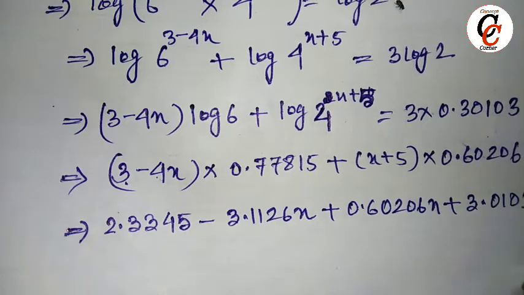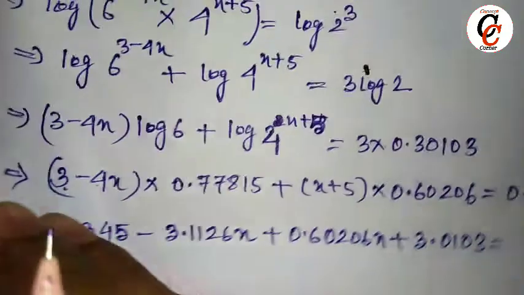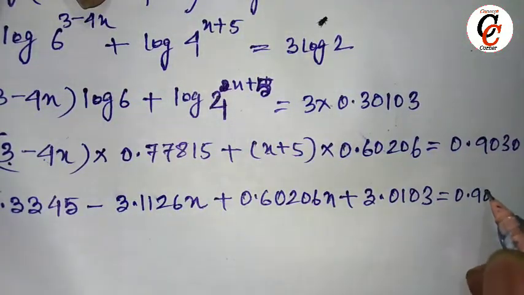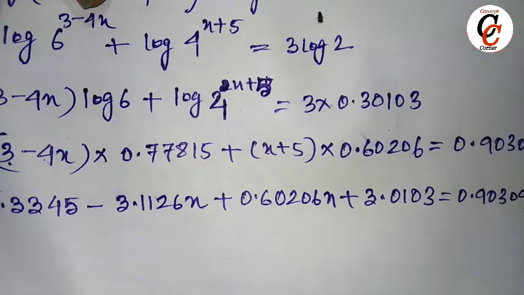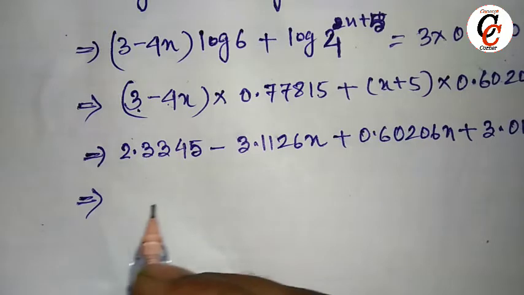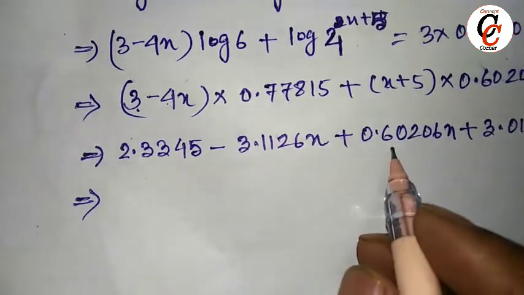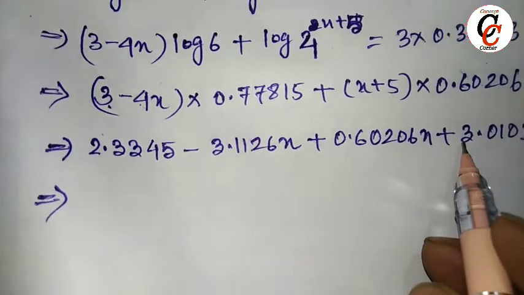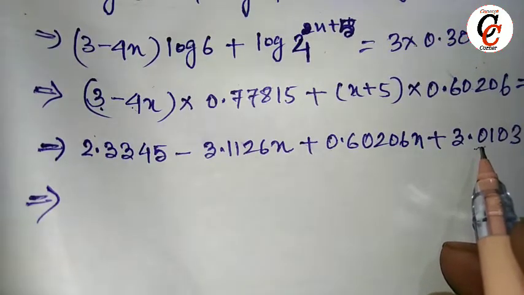Here if we multiply x into this, that means 0.60206x. After multiplying by 5 we will get 3.0103, and here this value will remain the same, 0.90309.